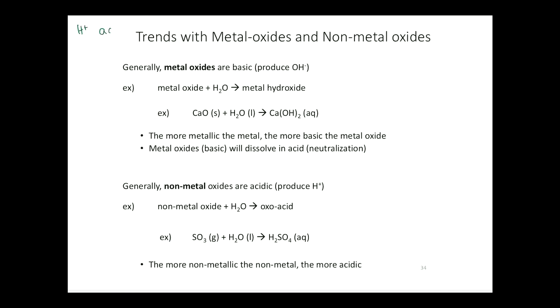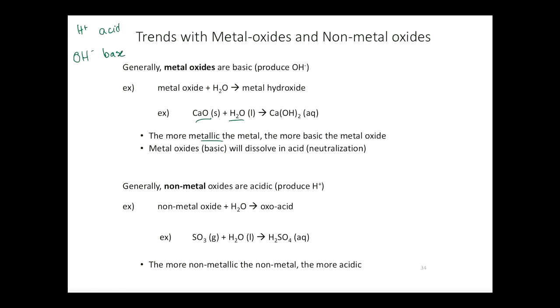They donated H+, versus the opposite of an acid is a base, and that donates hydroxide. So honestly, just memorize that metal oxides are basic, right? They're basic. And here's an example. Calcium oxide plus water, calcium's a metal, you get calcium hydroxide, which is a strong base. Hydroxide's in there. The trend is the more metallic the metal, the more basic the compound, more basic your solution will be. So that's the trend.